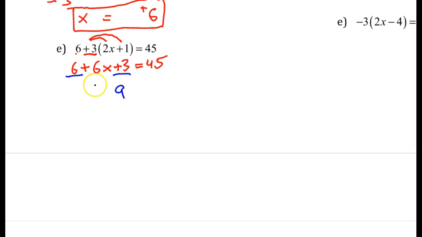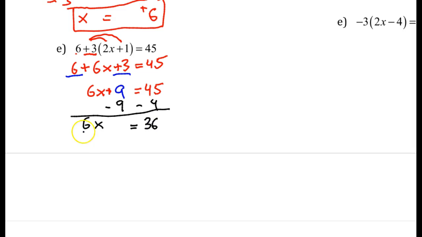Bring down everything else. 6x plus 9 is 45. And then finish up by solving. Subtract 9 on both sides. We have 6 times what equals 36. And again, by dividing both sides, we get x equals 6.